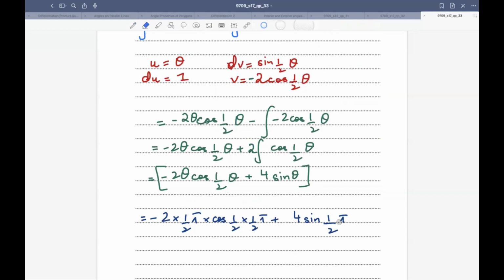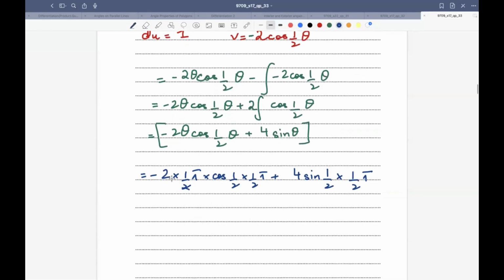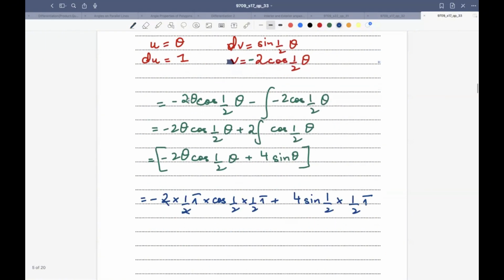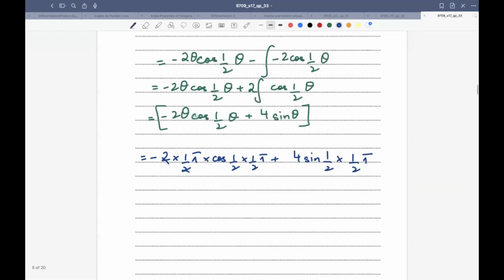In place of theta, this was sine of half theta, so that will become half into theta, which is 1 upon 2 pi. Now this 2 and 2 will cancel out, and substituting 0 in the equation, this will become 0, as 2 times 0 will be 0 and sine of 0 is also 0.